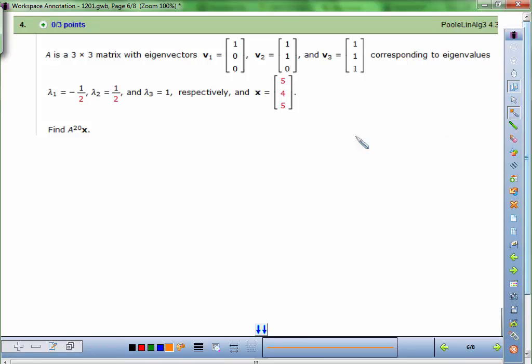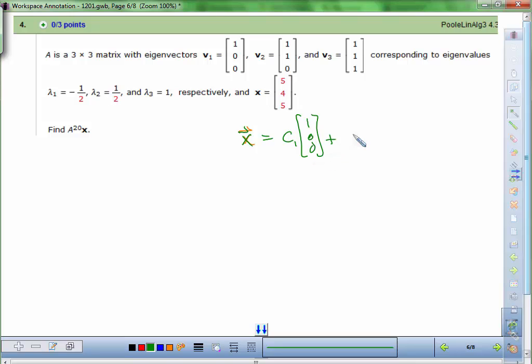Well, we can try to set it up so that X is equal to some constant C1 times V1, and these aren't the eigenvalues, these are just the constants to make the linear combination, and C2 times 1, 1, 0, and C3 times 1, 1, 1.